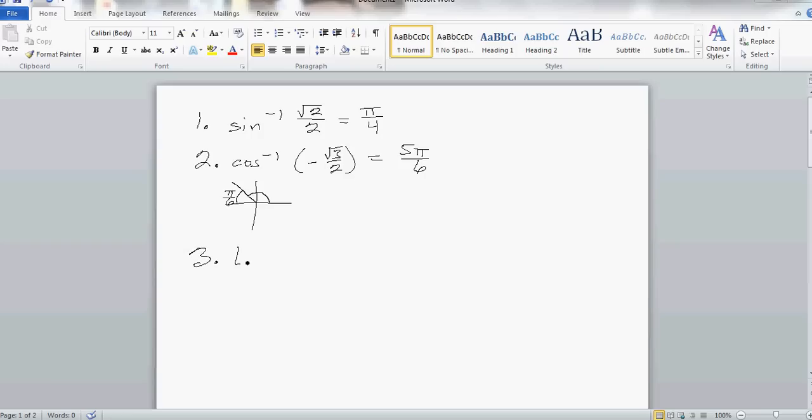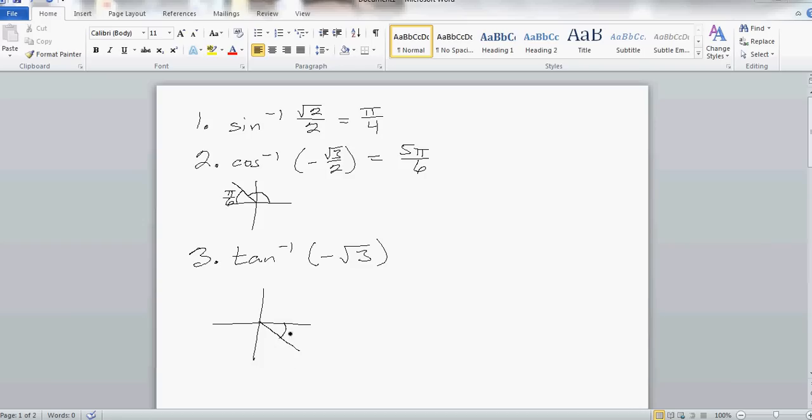And so that would be the answer to number 2. The final problem in this particular section is the arctangent of negative root 3. Once again, where is tangent negative? Arctangent can either be in quadrant 1 or quadrant 4. The only place that tangent is negative in those two quadrants is down here.